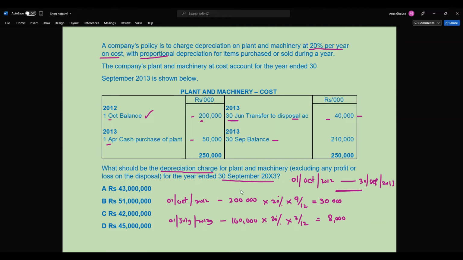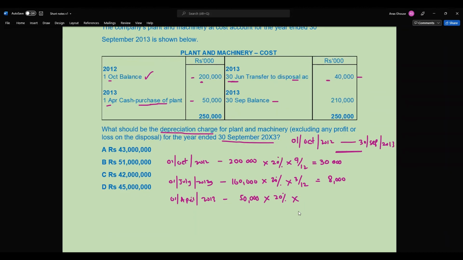Then thereafter during the period there was an acquisition or purchase of plant on 1st April 2013, an acquisition of asset for 50 million. That's going to be depreciated at 20% for how many months? From April to September, it's going to be 6 months.